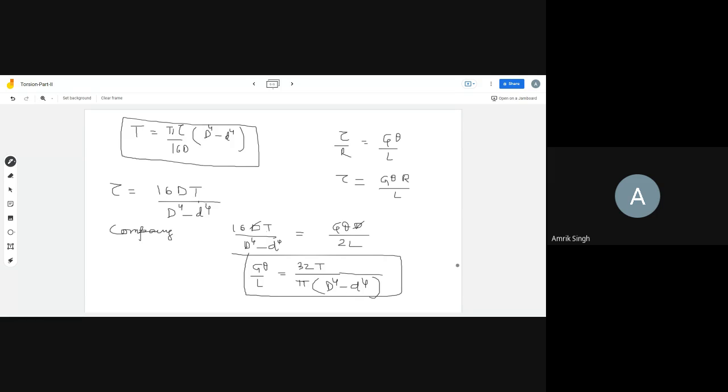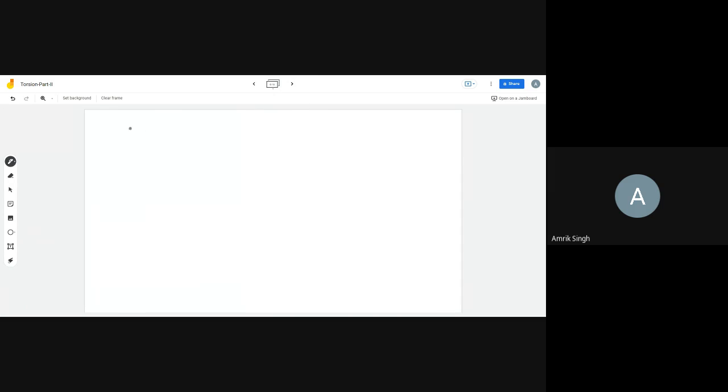Okay. So now the polar moment of inertia we have defined as I_P. This will be equal to pi upon 32 into d to the power 4 minus d to the power 4.